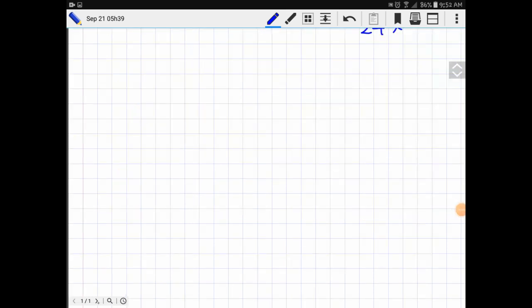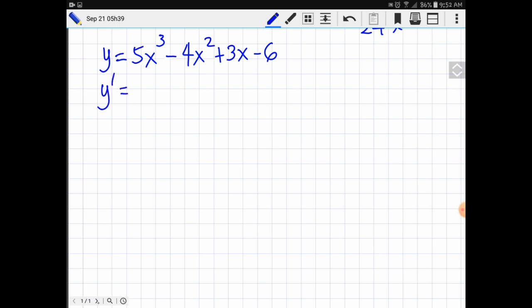What if we have a polynomial? For instance, y is equal to 5x cubed minus 4x squared plus 3x minus 6. This is a combination of the constant rule, identity rule, and of course the power rule. So the first thing to do is write it as y prime, as denoted by the derivative.